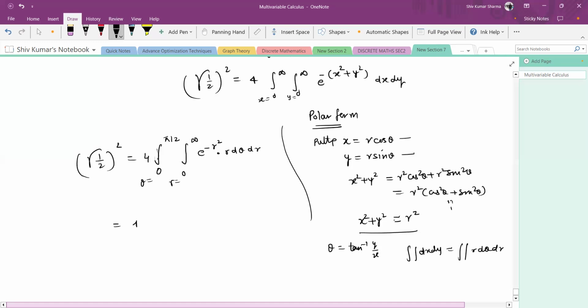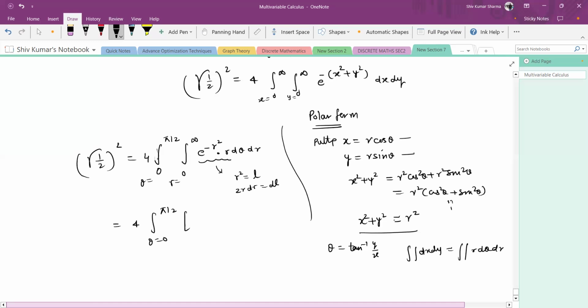So this equals 4 into the integral, where theta goes from 0 to pi by 2. First we solve for r. We put r square equal to L, so 2r dr is equal to dl.